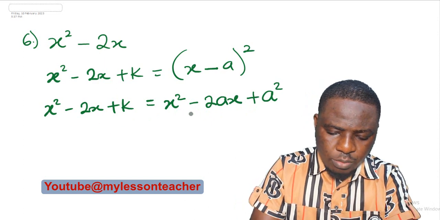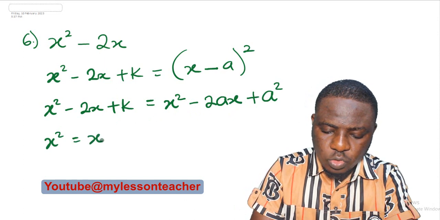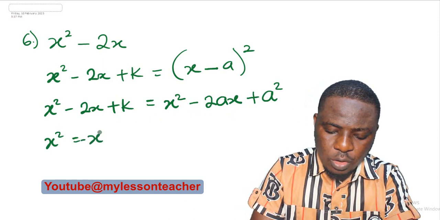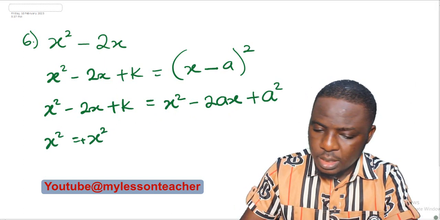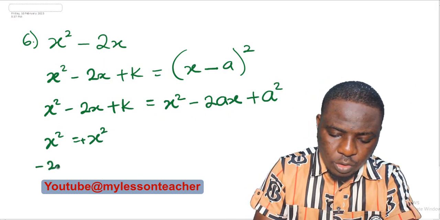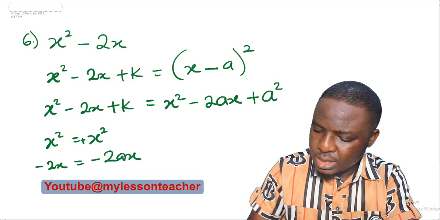By comparing coefficients, x squared is equal to x squared, and minus 2x is equal to minus 2ax.